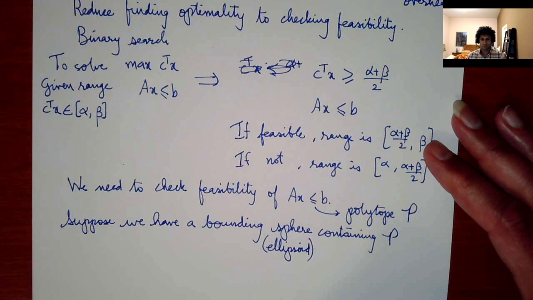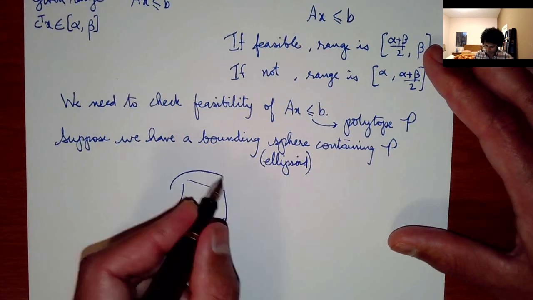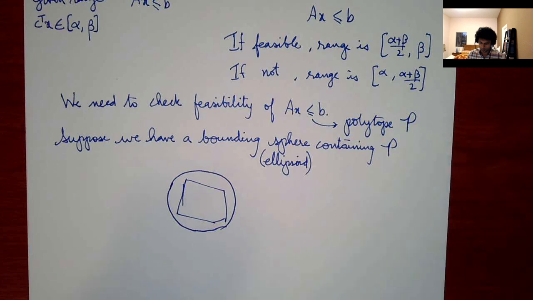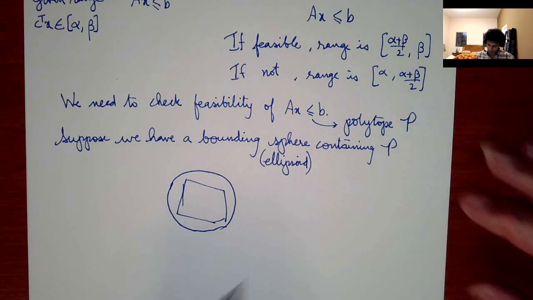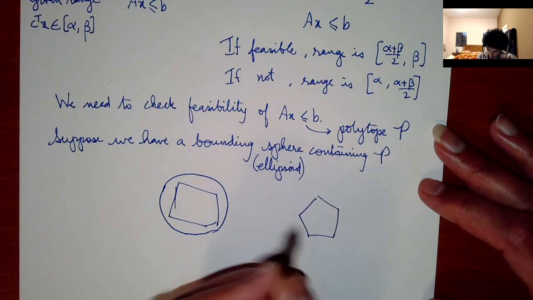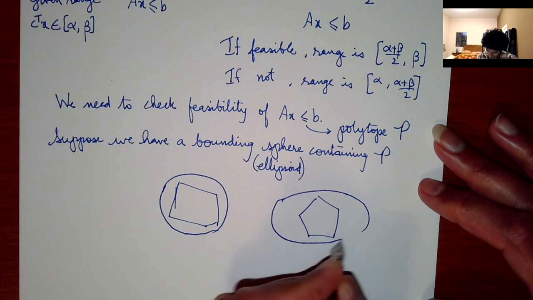So what we have is you have your region here, your polytope here, and you have some bounding sphere. Right? So you have some bound. In general, what we'll have is, instead of a bounding sphere, we'll have some sort of bounding ellipsoid. So what is an ellipsoid?